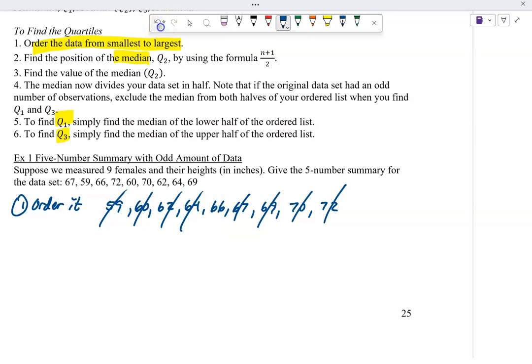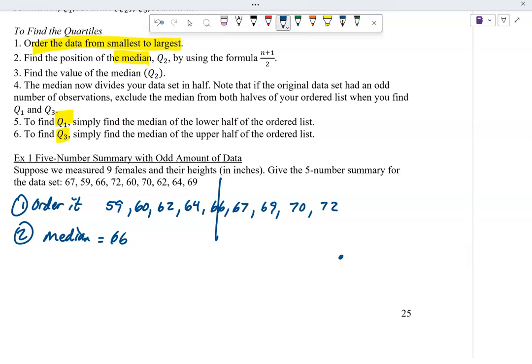All right, I'm going to erase all that. Okay, 66 is our median. And then how we find our quartile 1. I'm going to go ahead and put this on a box plot right now, too.